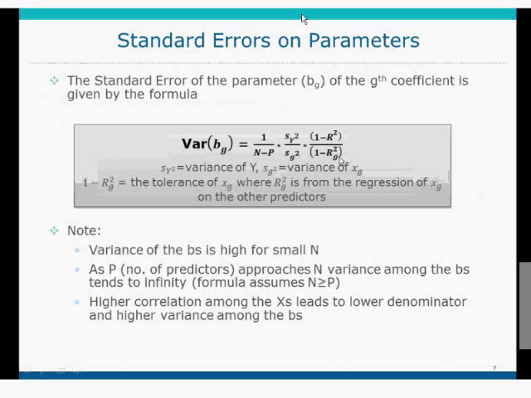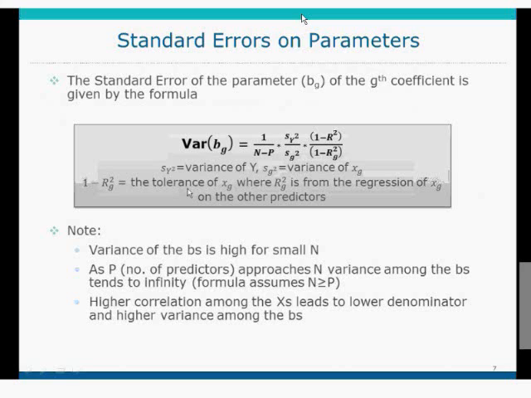That's computed by regressing that predictor as the dependent variable on all the other predictors, computing the r squared, and then taking 1 minus that. That's the tolerance. So if r squared sub g is equal to 1, that means that predictor can be perfectly predicted from the other predictors. You have perfect collinearity. The closer r squared sub g is to 1, the lower the tolerance is going to be.